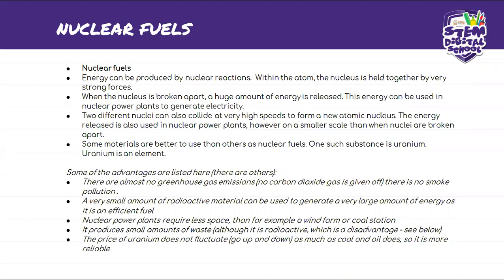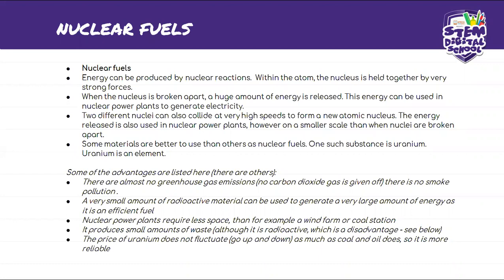Now let's look at some of the advantages that we are supposed to get when we're using alternative sources of energy like nuclear. One, there are almost no greenhouse gas emissions, meaning no carbon dioxide, no gas given off.